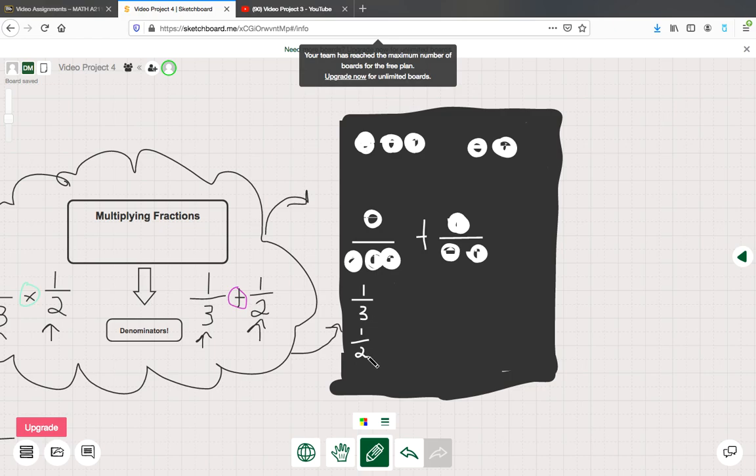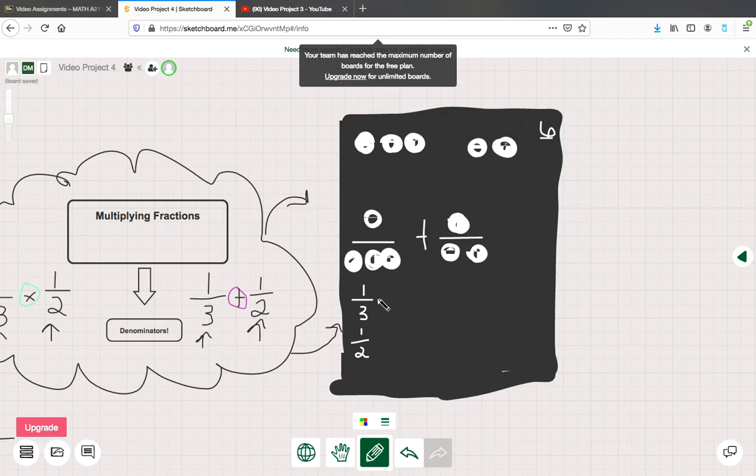The least common multiple. 1 times 3 is 3. 1 times 2 is 2. 2 times 3 is 6. Okay, so maybe 6. We'll put 6 up here just to keep it in our heads. So 2 times 2 is 4, or 2 times 3 is 6. So 6 is our answer.